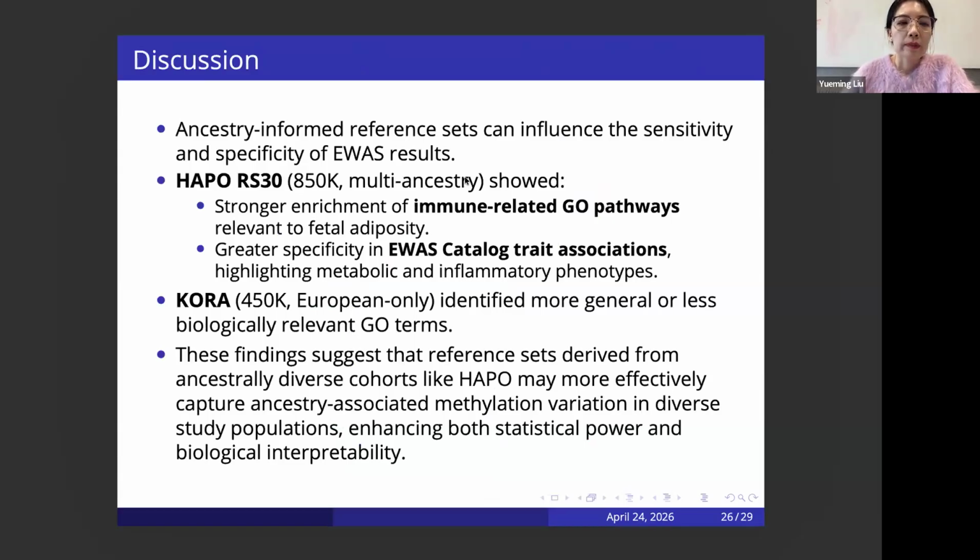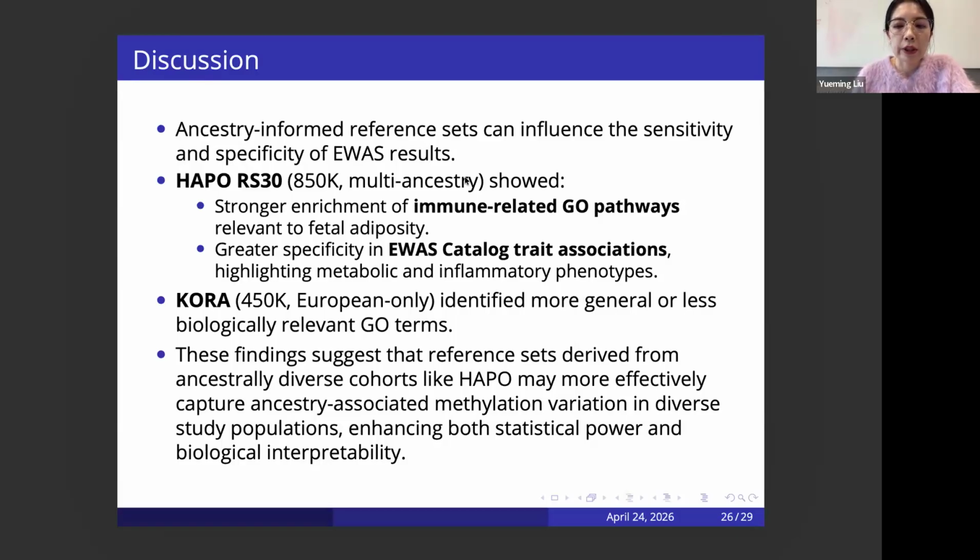So in general, in discussion, the ancestry-informed reference set can influence the sensitivity and specificity of EWAS results. The HAPO one shows stronger enrichment of immune-related GO pathways relevant to fetal adiposity. It shows greater specificity in EWAS catalog trait associations, highlighting metabolic and inflammatory phenotypes.